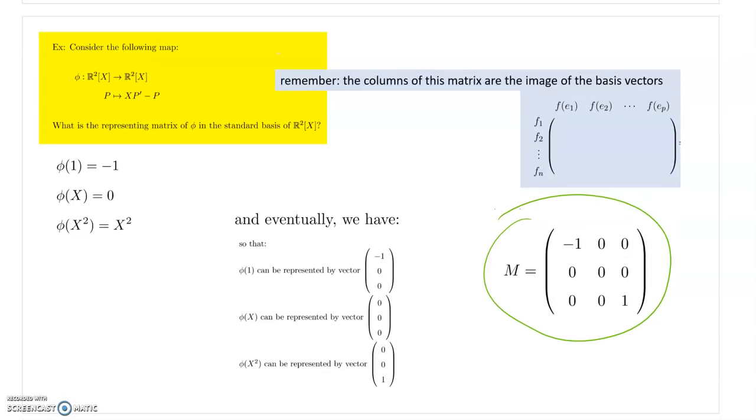You see here we've got a square matrix because the domain and the codomain are the same, but depending on the dimensions of each of domain and codomain, we can have any form of matrix as long as we have finite dimensional spaces.